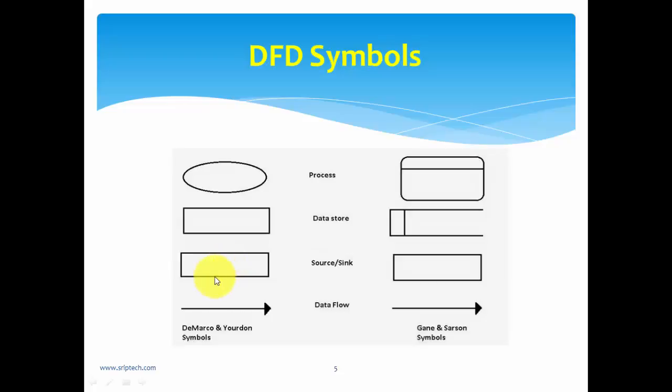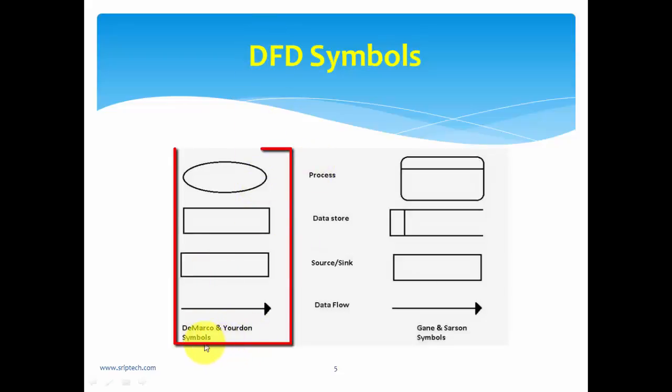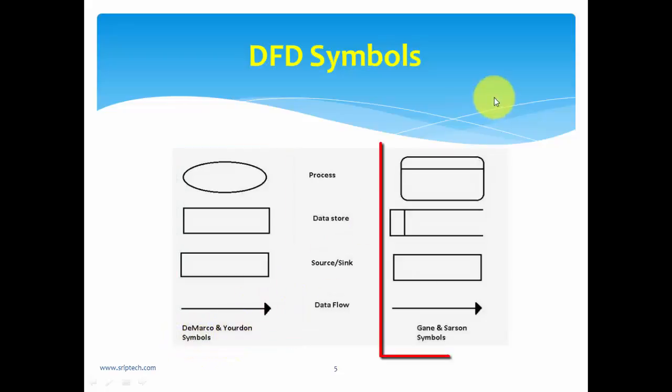In order to write a data flow diagram, there are certain symbols used, and there are two creators who came out with these symbols. DeMarco and Jordan symbols are one set of symbols, called so because the creators were DeMarco and Jordan. There's another set of symbols which were proposed by Gane and Sarson. Either you can use the Jordan symbols, or you can use Sarson symbols for a data flow diagram.